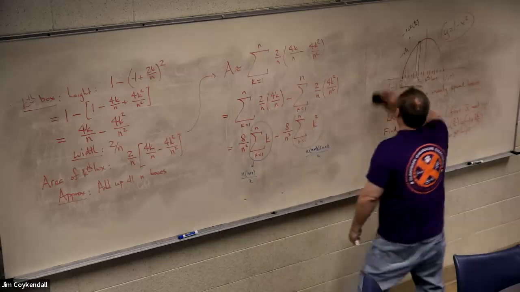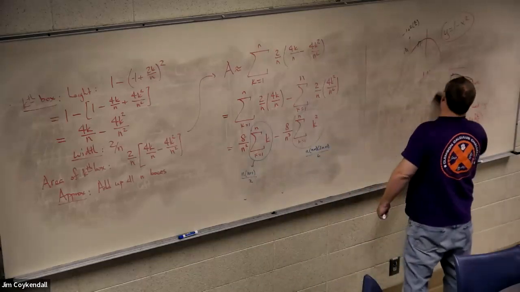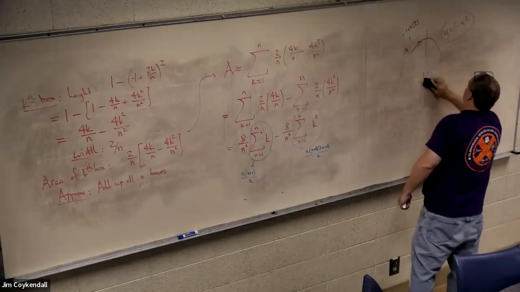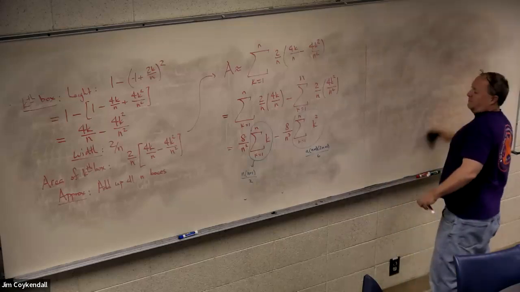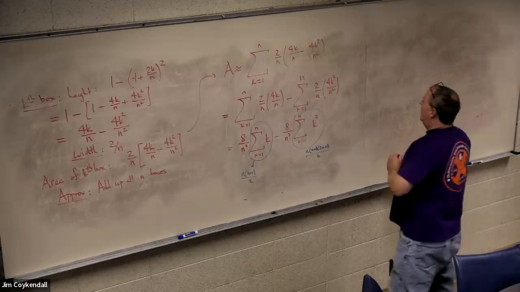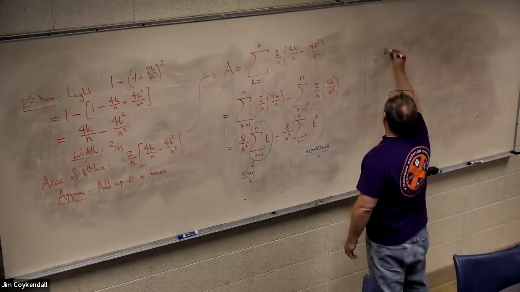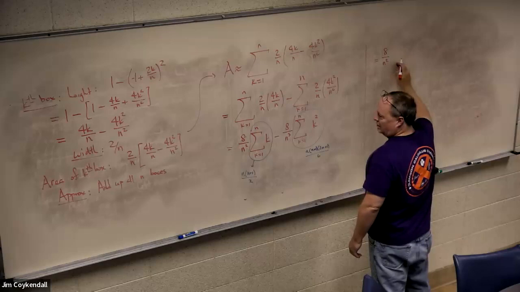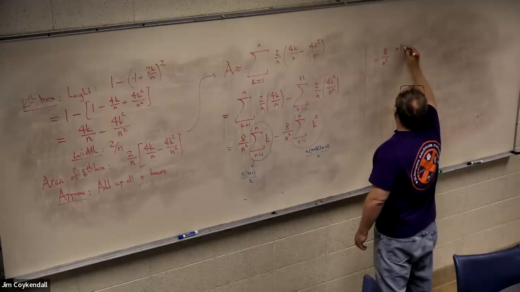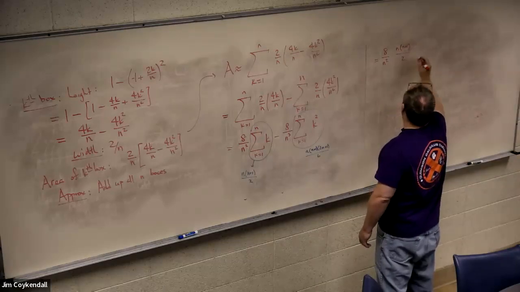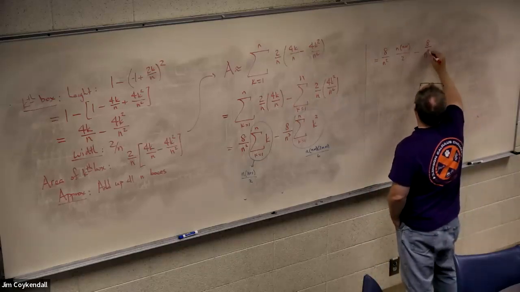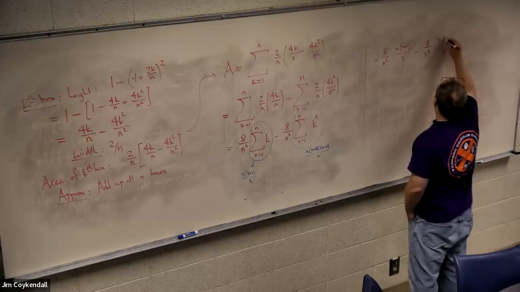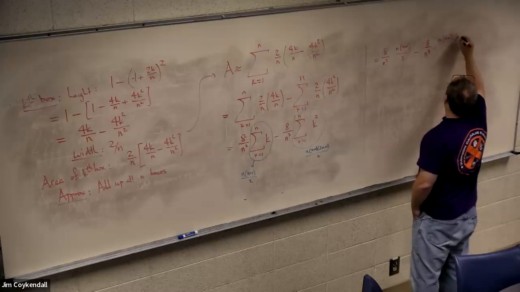So here's what I get, my approximate formula: 8 over n squared times n times n plus 1 over 2, minus 8 over n cubed times n times n plus 1 times 2n plus 1 over 6.